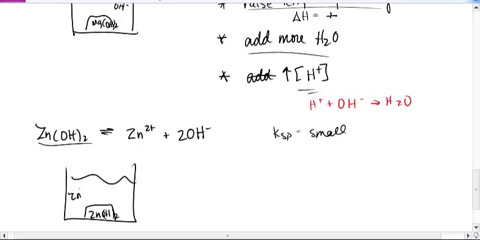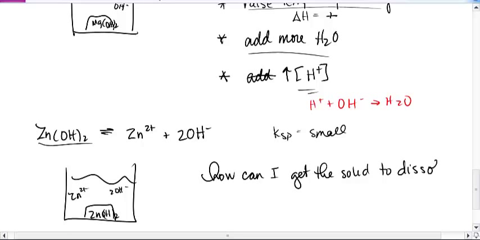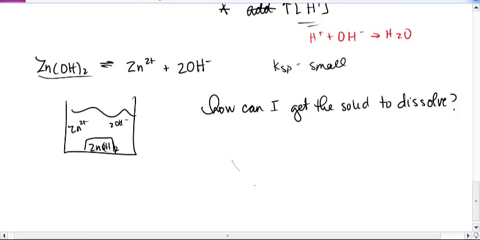So that means that we've got some zinc ions and some hydroxide ions, but not a lot. And so if I ask the question, how can I get it to dissolve? All those same things, all above, apply.